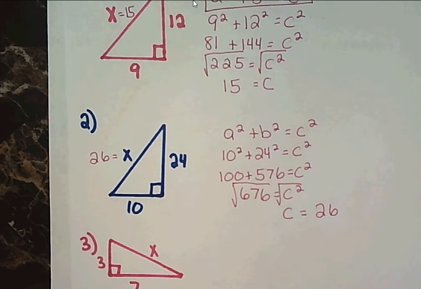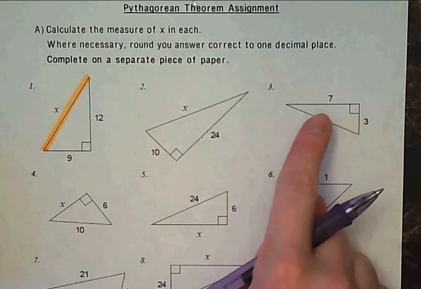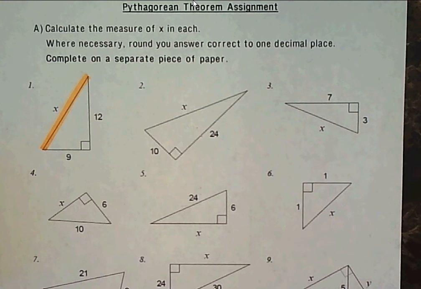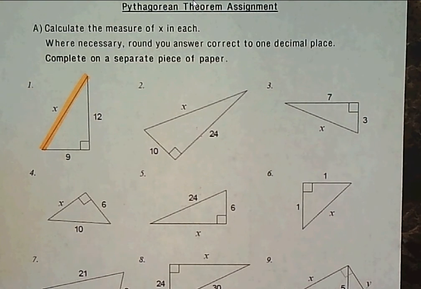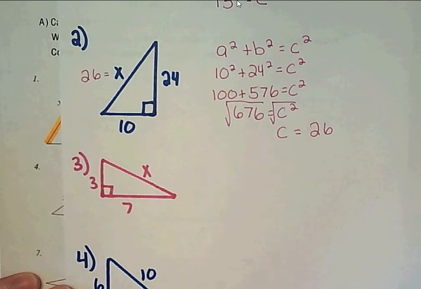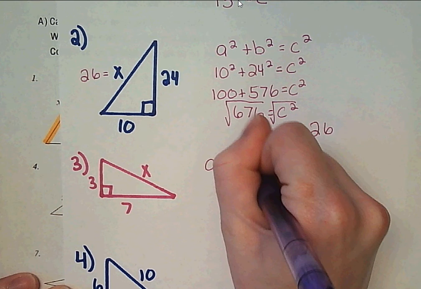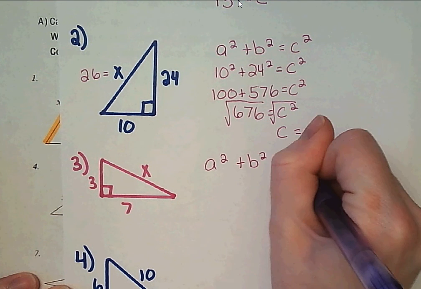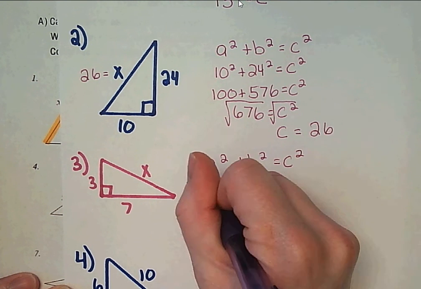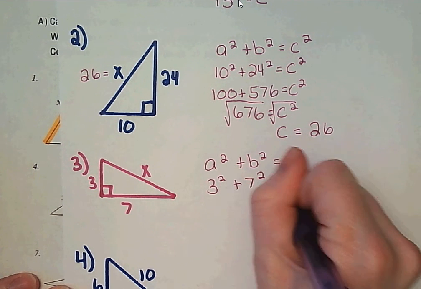Okay, let's take a look at the next problem. Number 3, so why don't you try solving for x? Okay, so let's take a look. I redrew it again, so it's all facing the same direction. So we could do a squared plus b squared equals c squared. So we should have 3 squared plus 7 squared equals c squared.